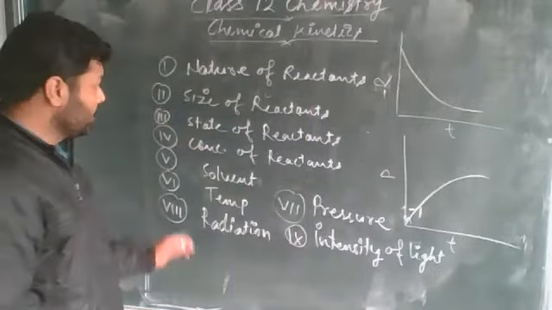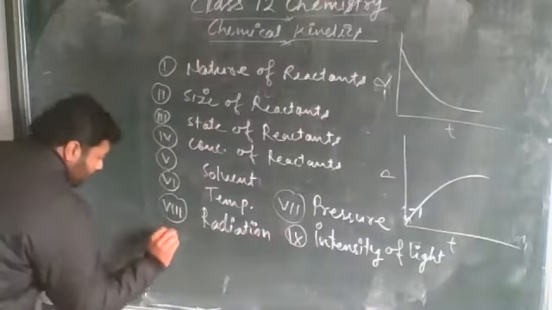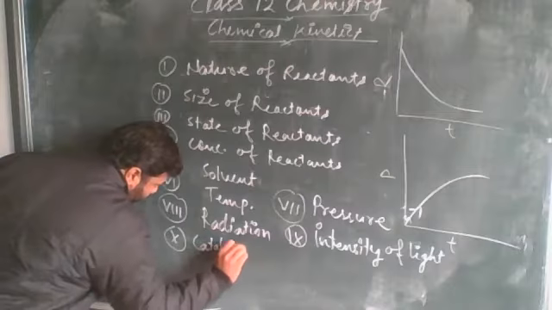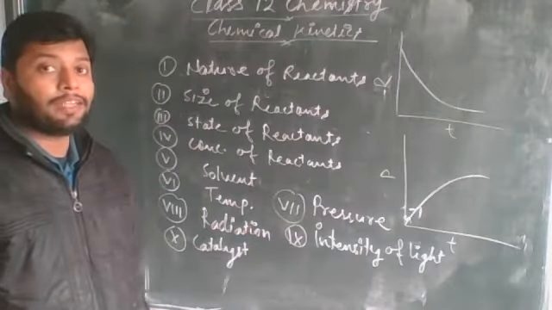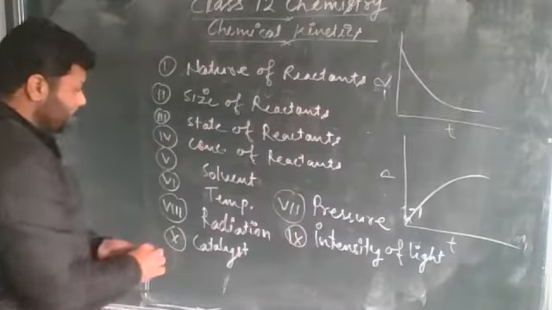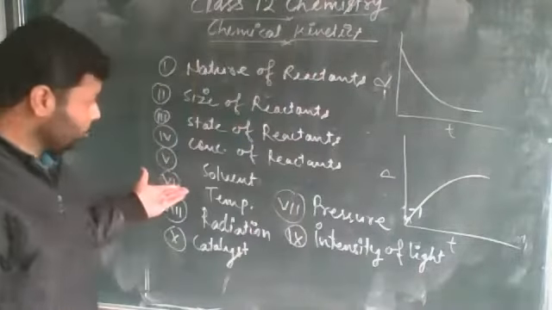Intensity of light and some more factors are there, I think 9, 10. Catalyst. These are some 10 factors. Still I think 1 or 2 factors remain.